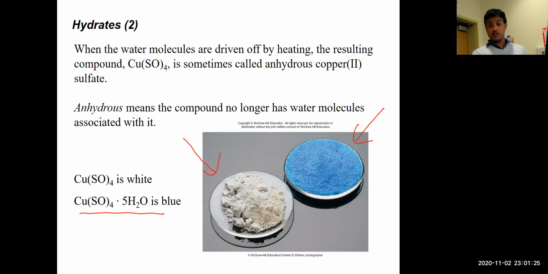What it means is you are able to remove the water molecules from it, because it's not part of the structure. That's why we use this dot. This dot means it's not the actual framework of the ionic compound. They were just hanging onto it, kind of hanging around.